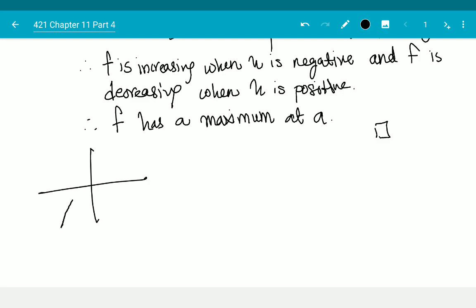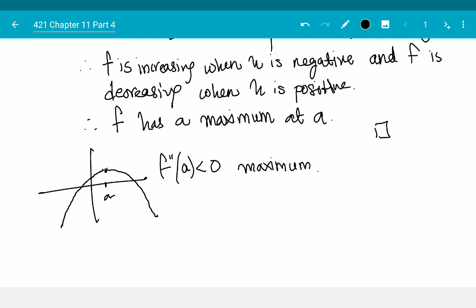Well, the function is increasing before it's a, and then it is decreasing, right? And so that means maxima. F double prime of a is smaller than 0, maxima.